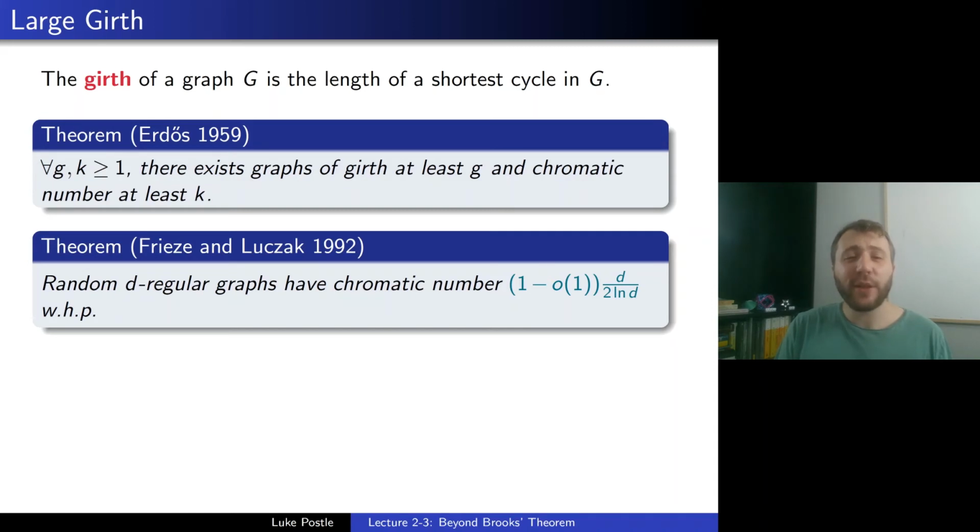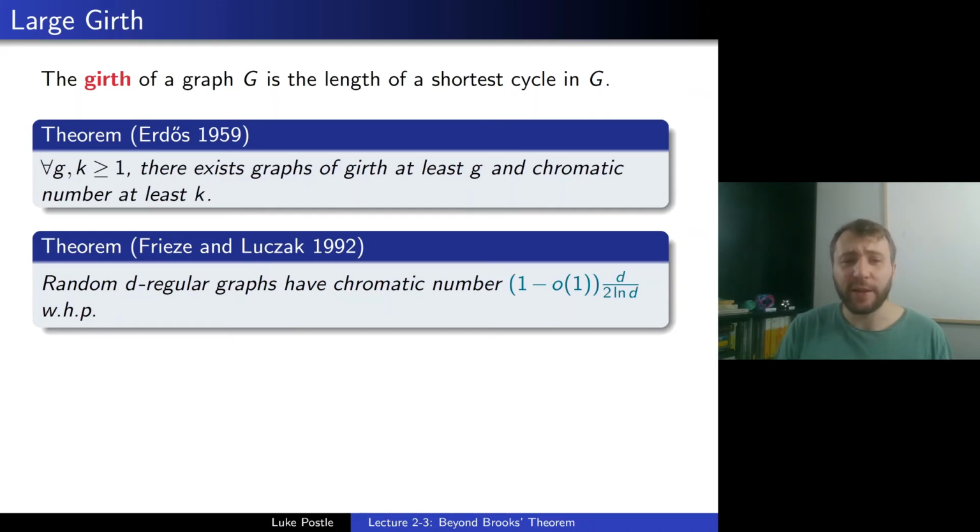And they were able to show that random d-regular graphs have chromatic number at least on the order of (1 minus o(1)) d over 2 log d, that's the natural logarithm, with high probability. Now they also meet that bound with high probability, and they actually figured out the error term as well with some precision. But essentially, for random d-regular graphs, you can't do much better than d over 2 log d.